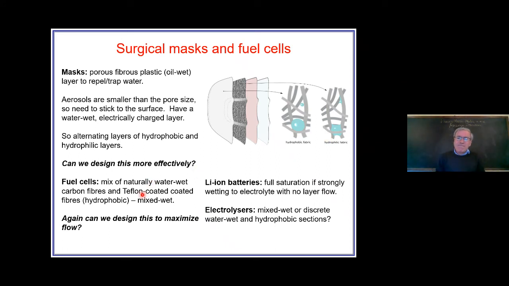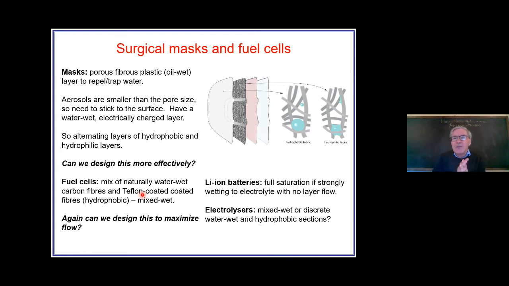So that's trapping. In fuel cells and electrolyzers, the idea here is you want flow. So for that, you have the mixed wet state. And in fact, empirically, that's done already. You have these carbon fibers, they have to conduct electricity, they're naturally water wet, but they get coated, partially coated is the key point, with Teflon, which makes them hydrophobic. So you get naturally a mixed wet state.